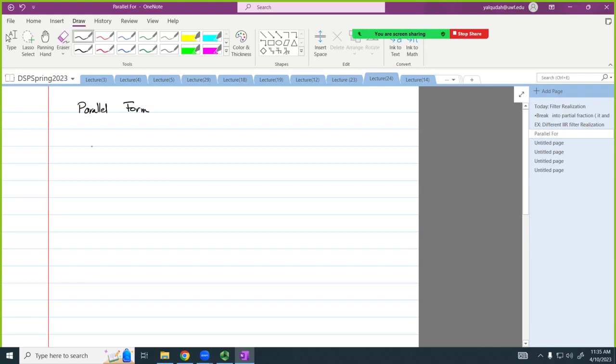In this case, for H of z the numerator is less than the denominator, so we're going to expand H of z as equal to a1 divided by 1 minus 3/4 z to negative 1, plus a2 divided by 1 minus 1/8 z to negative 1, plus (a3 plus a4 z to negative 1) divided by (1 minus z to negative 1 plus 1/2 z to negative 2).